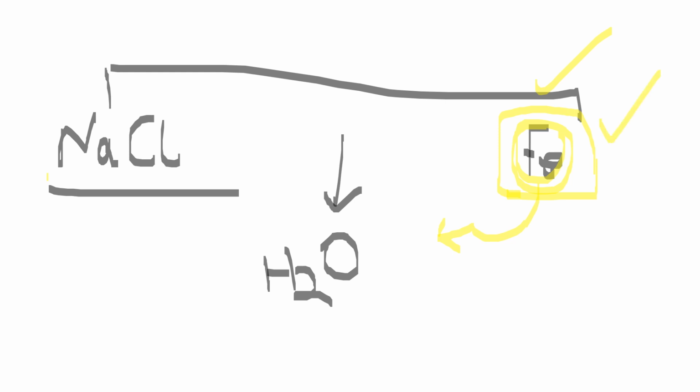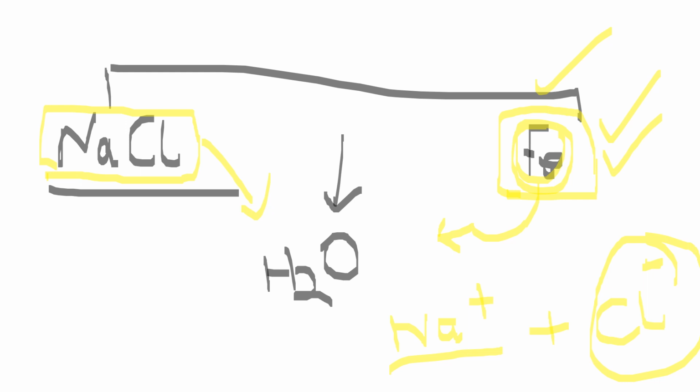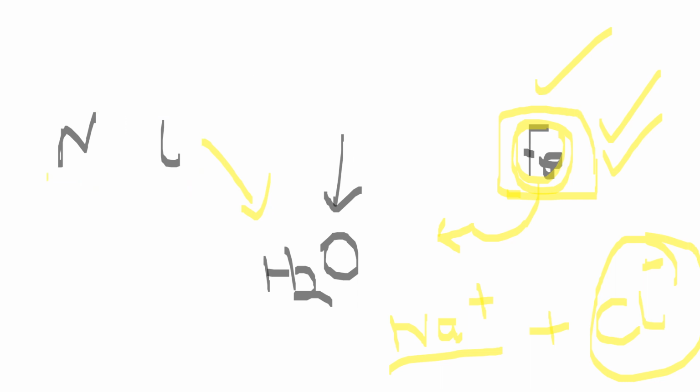So this Fe will not dissolve, but NaCl will produce ions when dissolved in water. Basically, the Na will become Na positive, the metal, plus the Cl will become negative, the base in nature. So here, the first thing, I think I should write it.